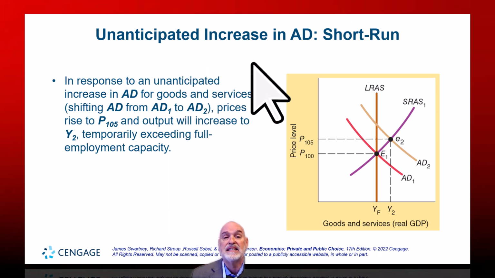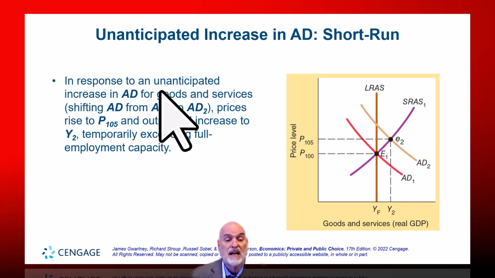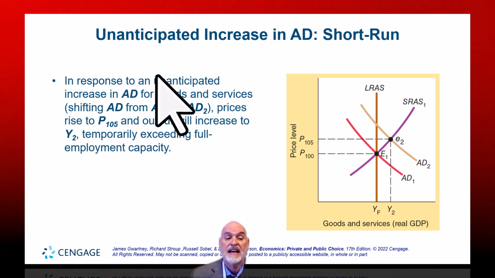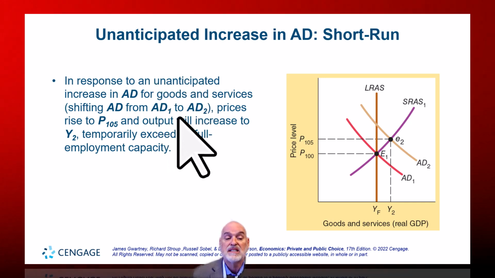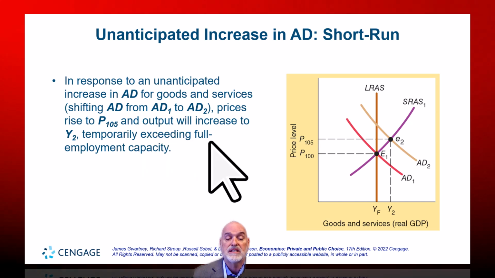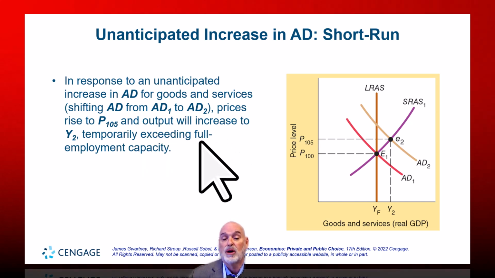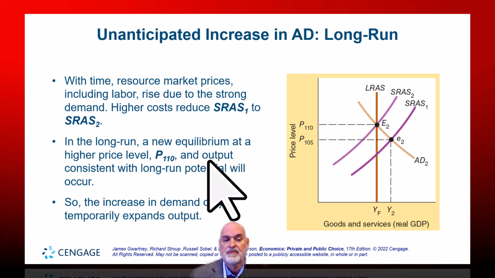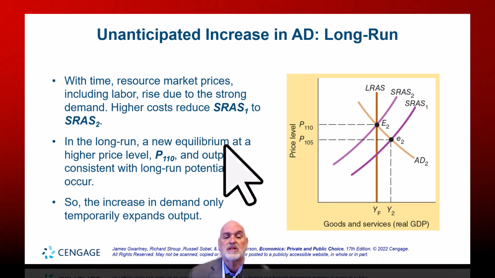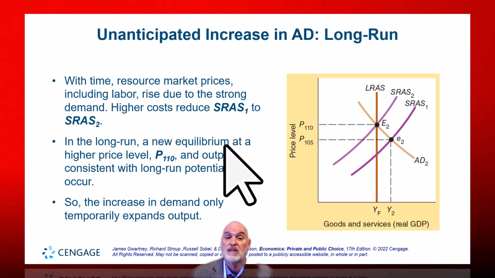Unanticipated increase in AD for the short run. In response to an unanticipated increase in AD for goods and services, prices rise and output will increase, temporarily exceeding full employment capacity. With time, resource market prices, including labor, rise due to the strong demand.